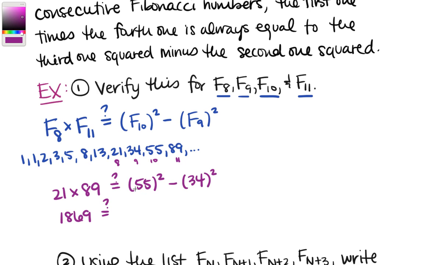And we want to know, is that equal to 55 squared, which is 3025, minus 34 squared, which is 1156. So let's do the difference of those. And we see that it is, in fact, 1869. So we just checked both sides of the equals in this fact for this specific list, and we found that it was true. So we verified it for these 4 Fibonacci numbers.